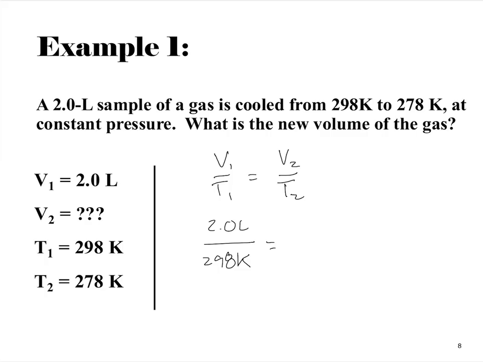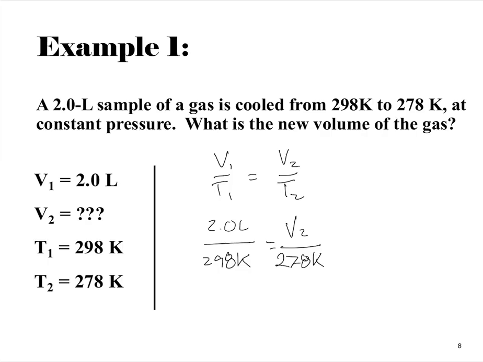So 2 liters is our initial volume, and it's cooled from 298 to 278, which means our initial temperature was the higher temperature. That's why we put 2 liters with 298 Kelvin. And that's equal to our final volume, which we don't know and are going to solve for, divided by our final temperature, the temperature we cooled to, 278 Kelvin. How do we isolate our final volume here?